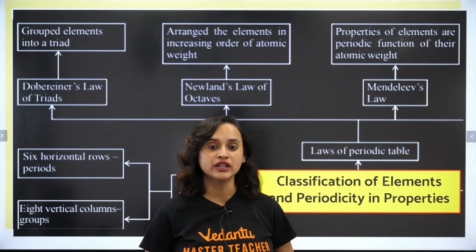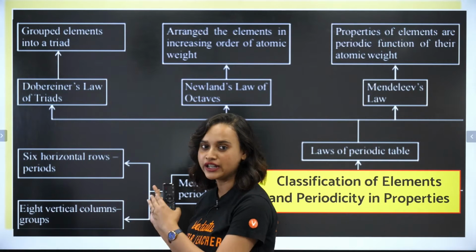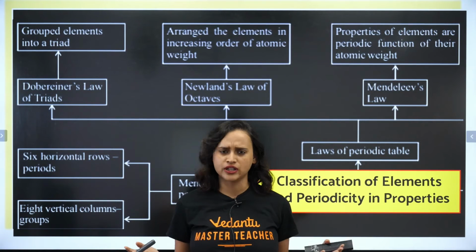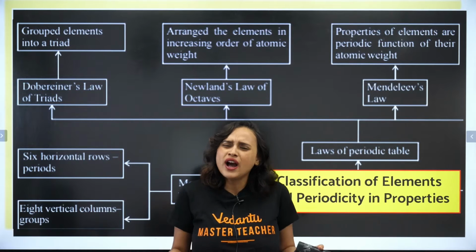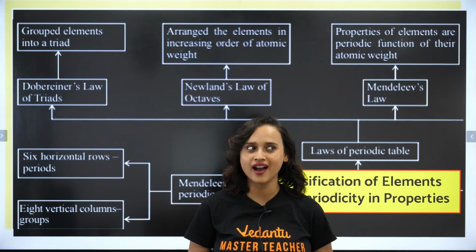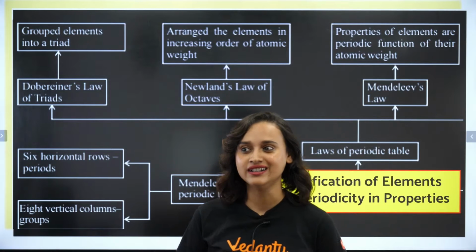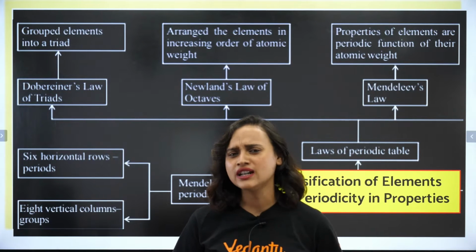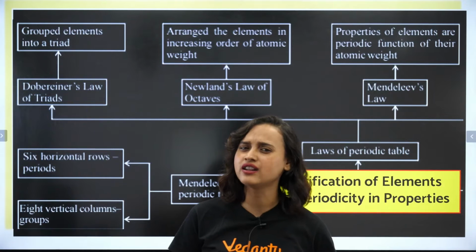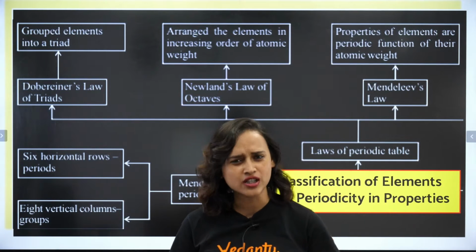And now moving on from here, let's start with periodic table. Now coming to the question of why a periodic table. Why do we need to classify? Why do we need to group these elements? That's because we have more than 100 elements. So many elements, if we have to study each one of them one by one, I think it will be very confusing and very time consuming.